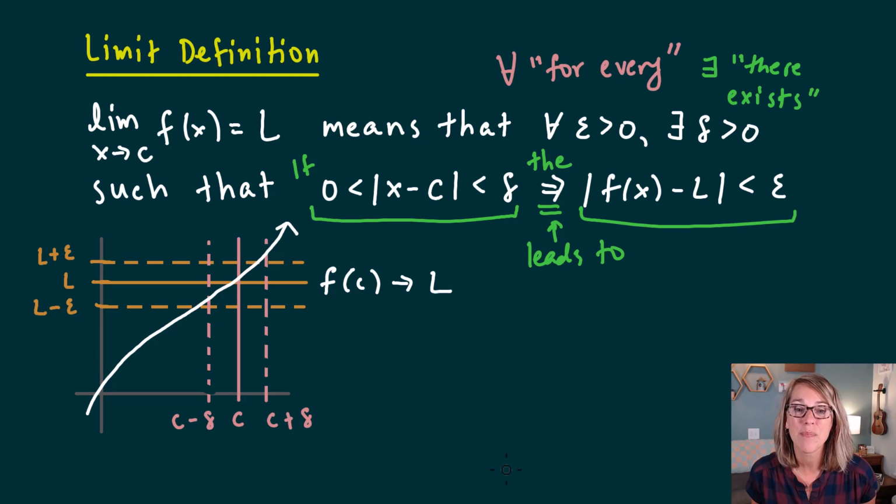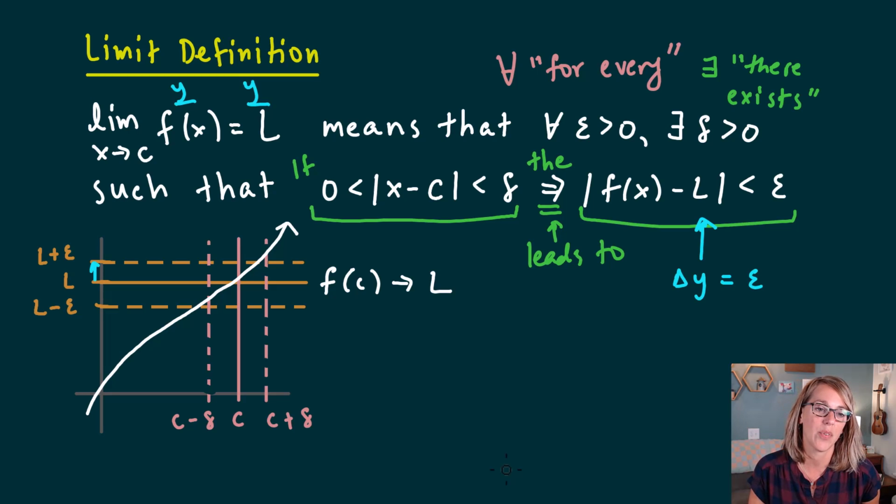Okay, so now the epsilon and the delta. What I want you to remember with the epsilon and the delta is how they are tied together. So we have that f of x and L are y values, and those are tied together right here, and we can see that the change in the y direction is defined by this epsilon.